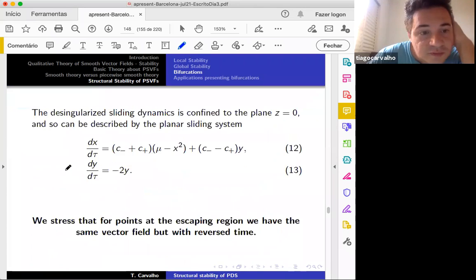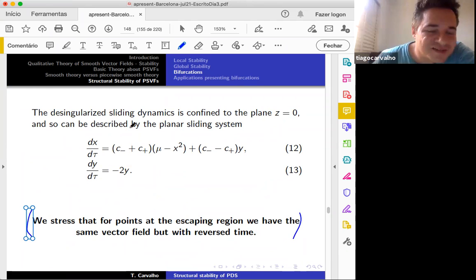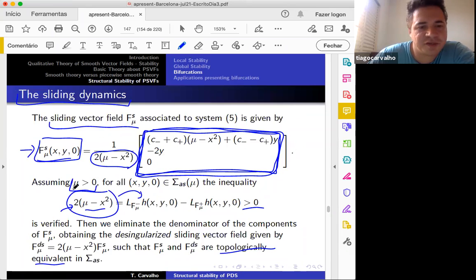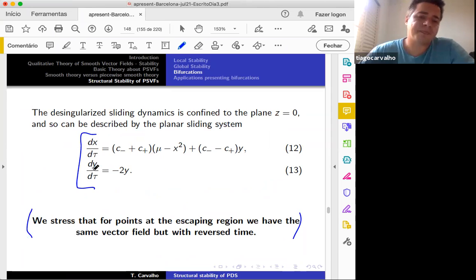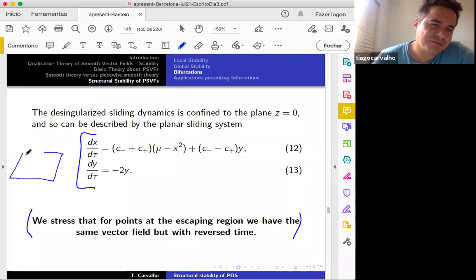Moreover, I will talk about the moreover here. And so the singularized sliding vector field is this. It is two-dimensional, because the third variable is 0, so we will study the two-dimensional sliding vector field that is placed at the plane z equal to 0, which is sigma.